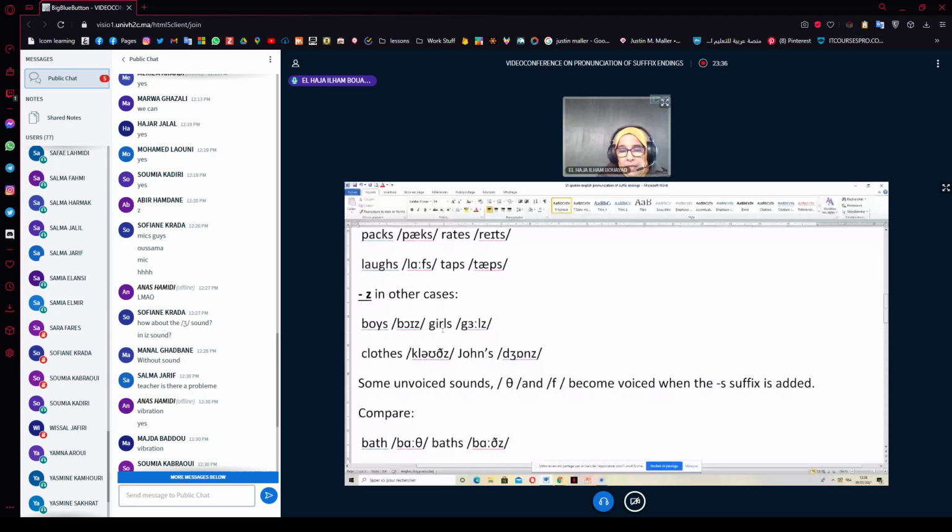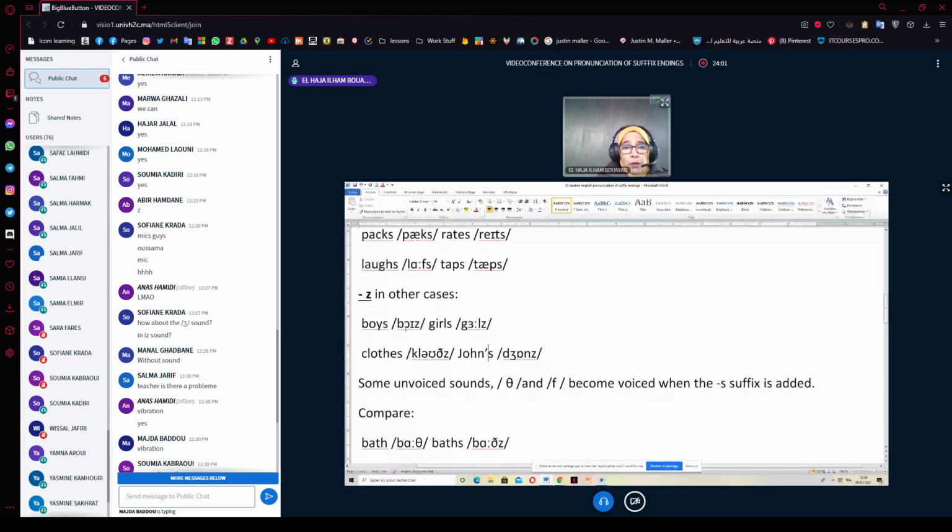Boys, the vowel oi. So the vowel in here is a voiced sound. All vowels are voiced. When you say oh and you touch in here, you can feel a vibration. So all vowels are voiced. This is why we use vowels in songs.